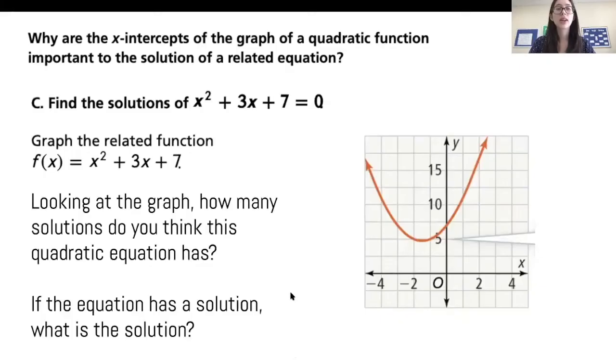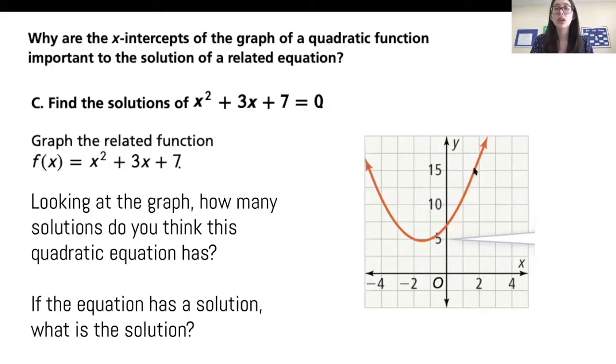What about for this one? The equation is x squared plus 3x plus 7 equals 0, and we're doing the same process. We graph this in our graphing calculator, and we get this shape. How many solutions do you think this quadratic equation has? If the equation has a solution, what is the solution?